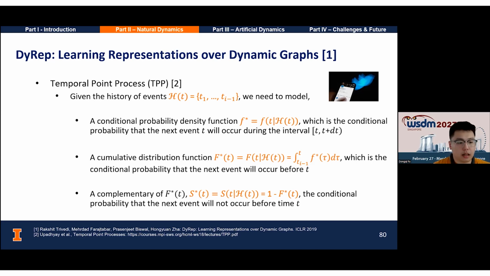The cumulative distribution function, capital F(t), is the integral from the last event to the current event, which is the conditional probability that the next event will occur before t. The complement of capital F(t) is denoted as S(t), which is the conditional probability that the next event will not occur before time t.